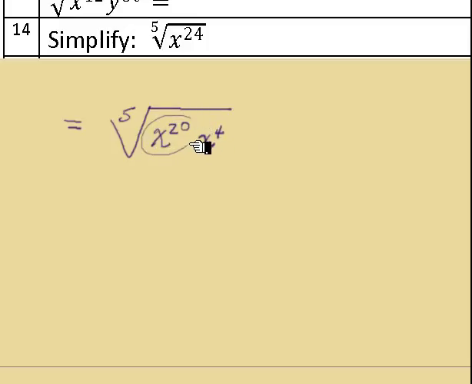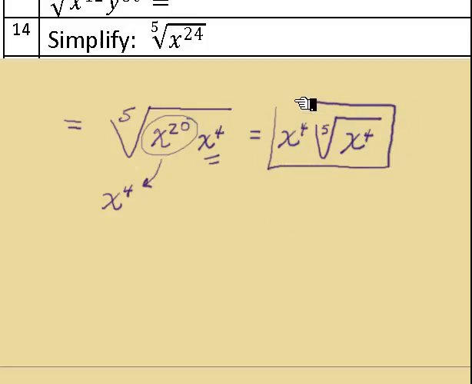And we'll take the fifth root of x to the 20 by dividing 20 by 5. 20 divided by 5, so we have x to the fourth is the fifth root of x to the 20th. So this simplifies to x to the fourth outside the root, and inside this fifth root, we still have that x to the fourth. So that's the simplification.